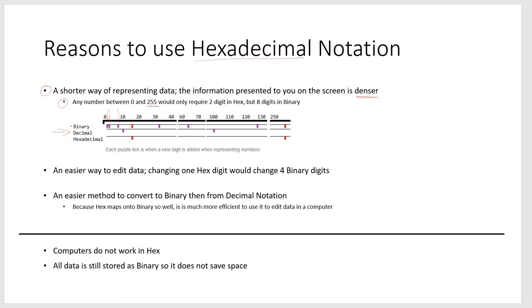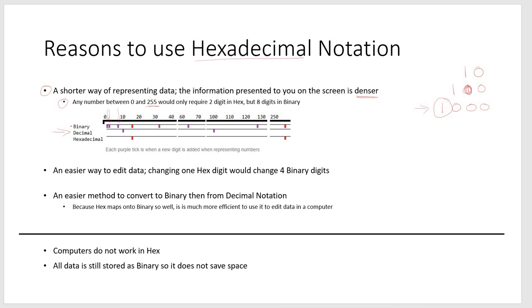So to represent the number 2 in binary, we would have to add a second digit to the number. To represent number 4, we would have to add a third digit, like so. To represent the number 8, we would have to add a fourth digit, like so. So we are not even up to number 10 yet, and in binary we have to write 4 digits like that.